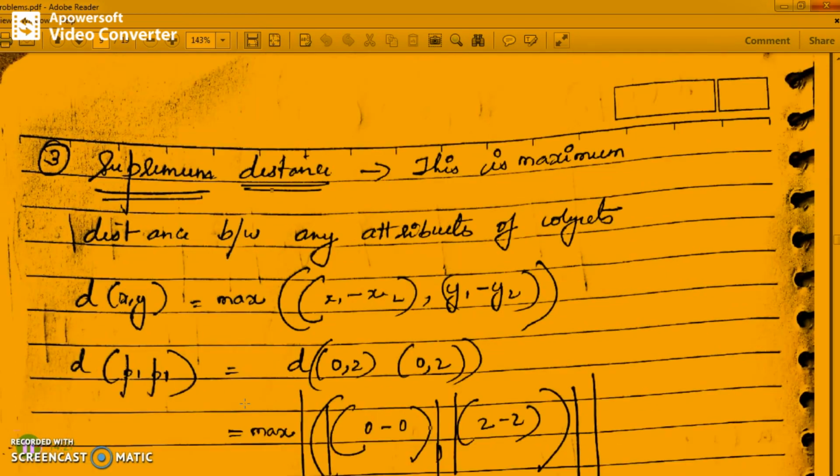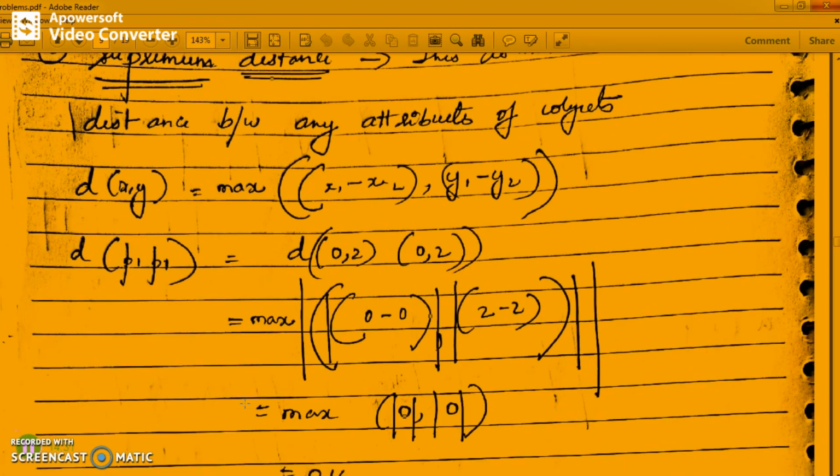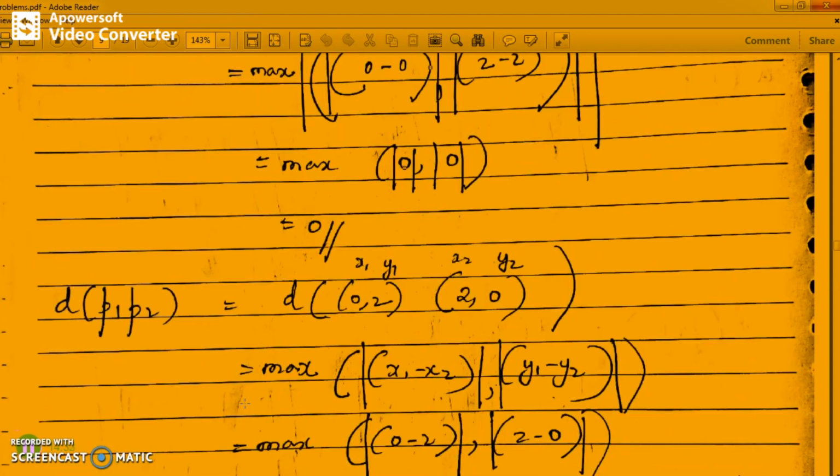Now you can see the distance from point 1 to itself. This is self-explanatory, I don't have to explain. See here the distance between the two points P1 and P2: P1 coordinates are 0, 2, and P2 coordinates are 2, 0. So the x coordinates difference, x1 minus x2, is 2.